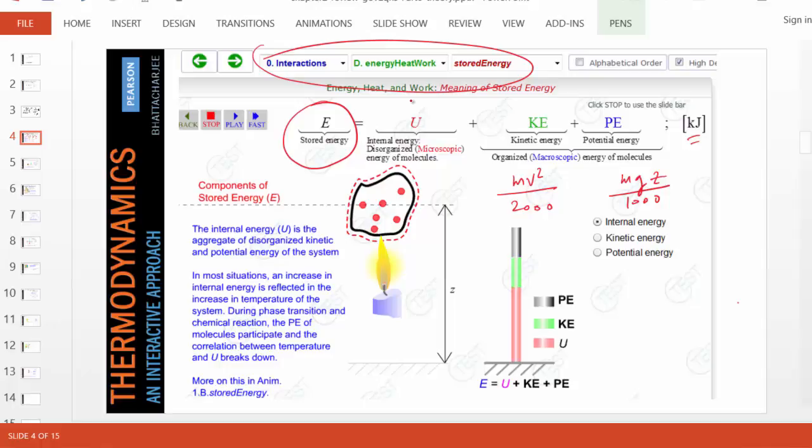On the other hand, capital U is the aggregate of all the kinetic and potential energy of the molecules. These are disorganized energies. So these are the energy of the molecules. If you can understand what KE or PE is, you understand what capital U is, because internal energy is the same thing applied to molecules. Just like KE is reflected in the velocity and PE is reflected in the elevation, U is reflected in the temperature, mostly in the temperature of a system.